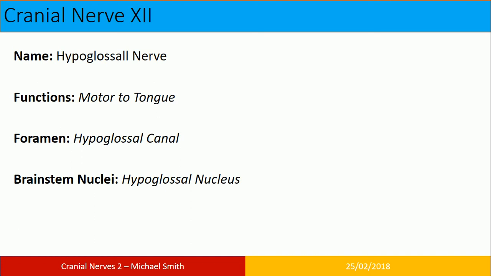So if you have damage to the cranial nerve 12 on its right hand side, then this will damage the right hand side of the tongue, and this means that the left hand side of the tongue will push out further, so the tongue overall will seem like it's moving towards the right hand side. So this is why some people say the tongue never lies is a good way of remembering this.